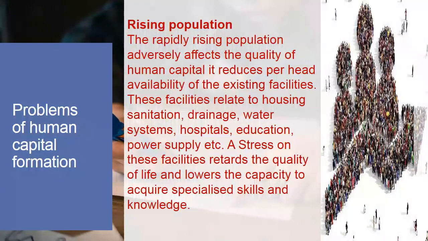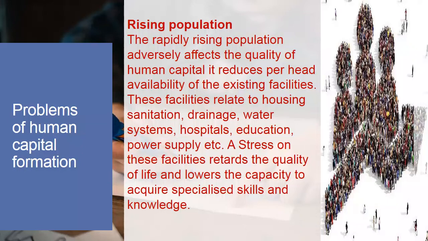Let's move on to what are the problems of human capital formation. The first problem with regards to human capital formation is rising population. The rapidly rising population adversely affects the quality of human capital. Why? Because it reduces per head availability of the existing facilities.